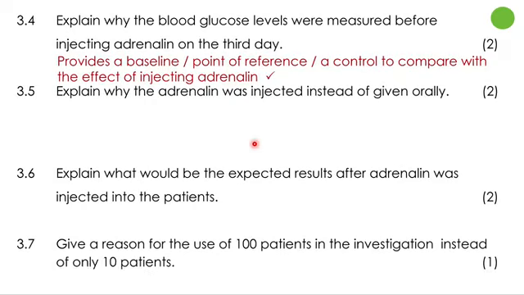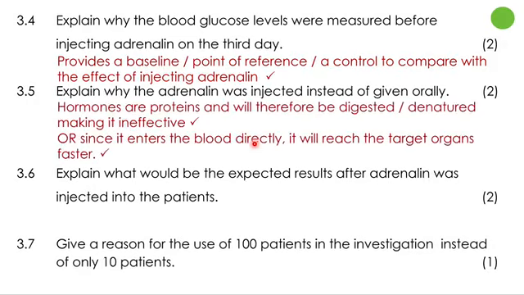Explain why, again, cause and effect. The adrenaline was injected instead of given orally, and this has to do with time. Hormones are proteins and therefore will be digested, denatured, making it ineffective. But I would also have added there that it takes a longer time, for if you take something orally, it is going to be longer before it can actually reach the bloodstream.